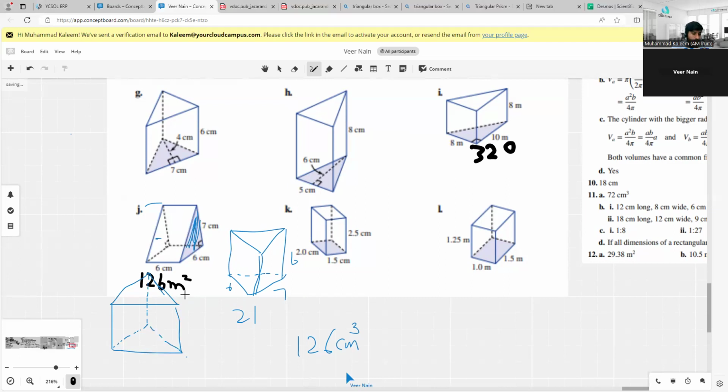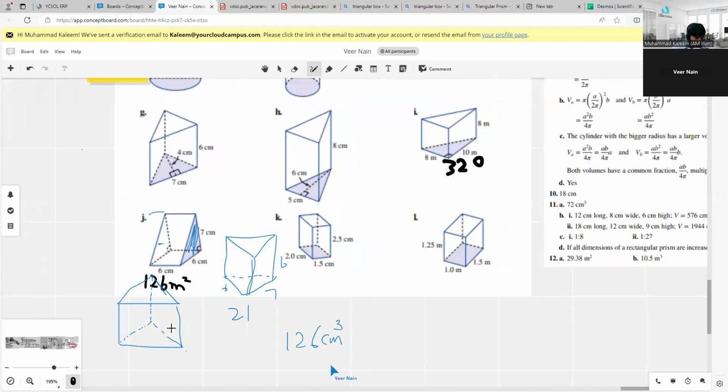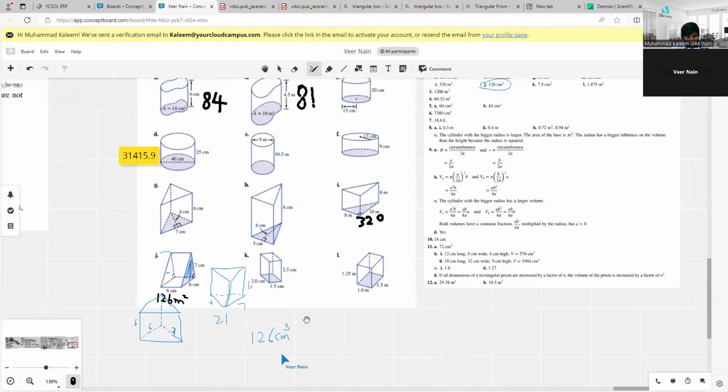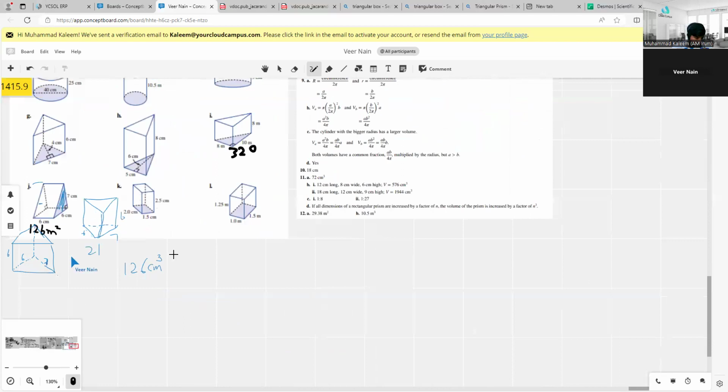It will be a triangular prism. Here this one is a 6, this one is a 7, and this one is a 6 again. Did you understand? Okay. Continue to the next one.